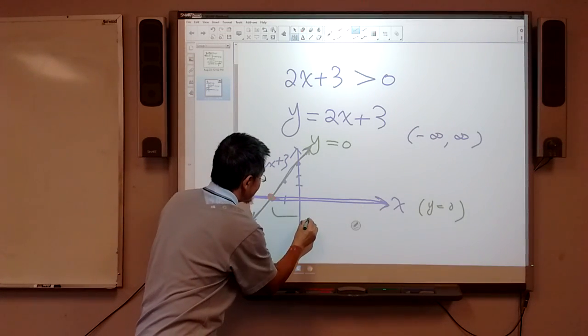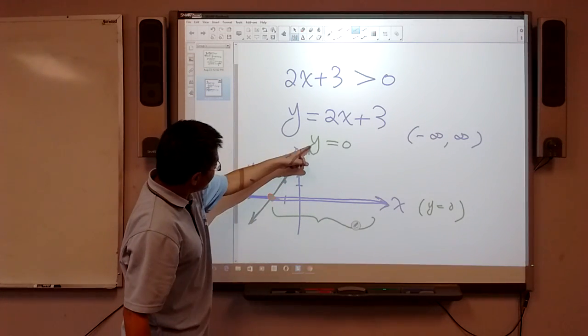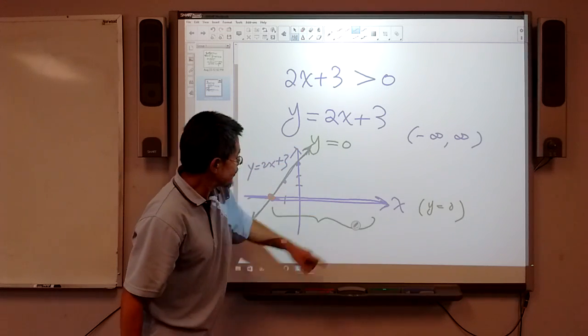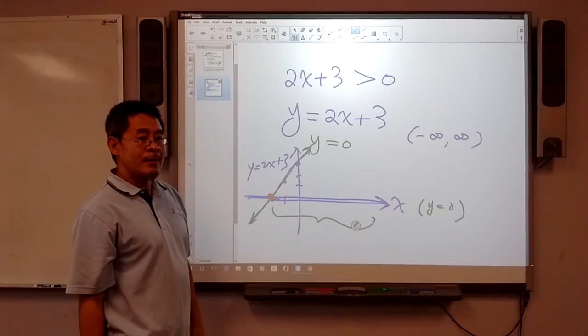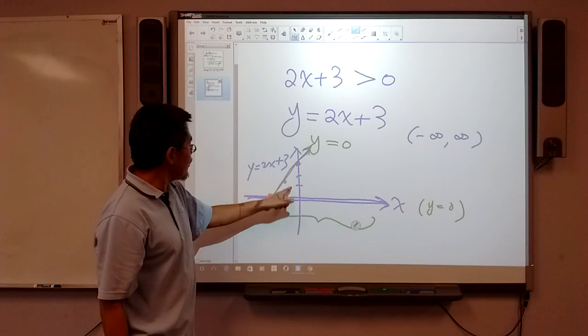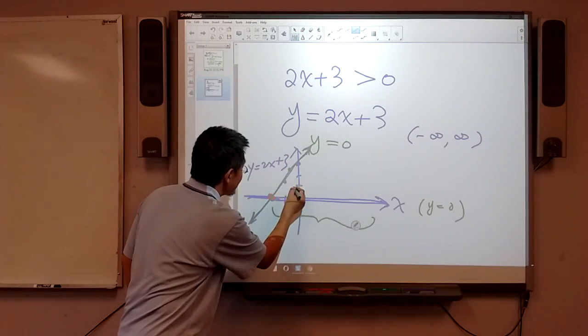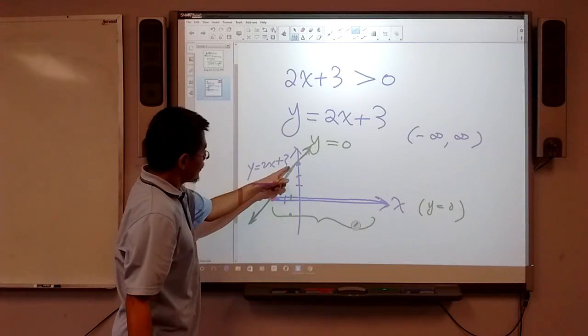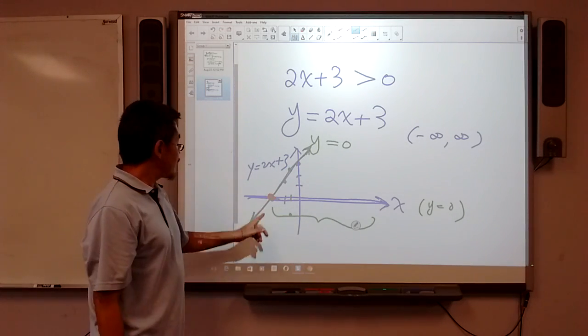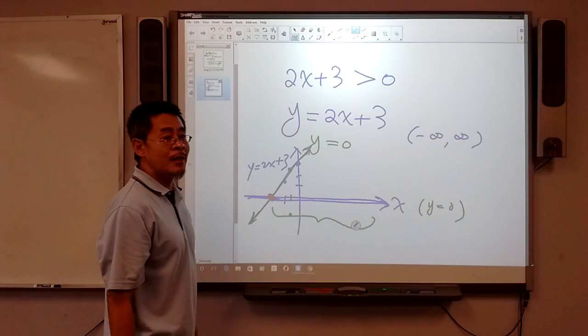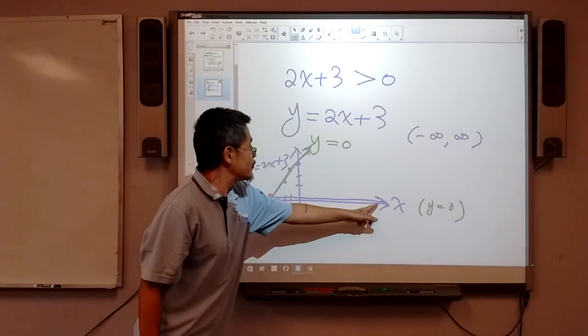From here on, this line is above this line. So for any x here, this y is bigger than this y. This above that. So our solution is from here to there.